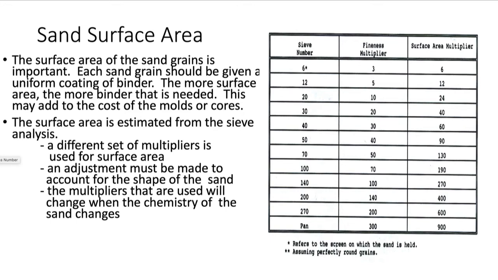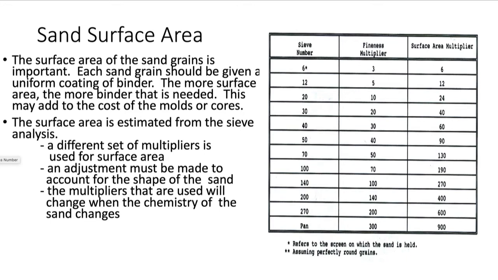So the surface area has the density in that equation, so you need to take that into account. It's because it's per gram: what's the surface area per gram of sand. And what's cool about this is we can actually calculate how much binder we might need if you have variation in your grain fineness.